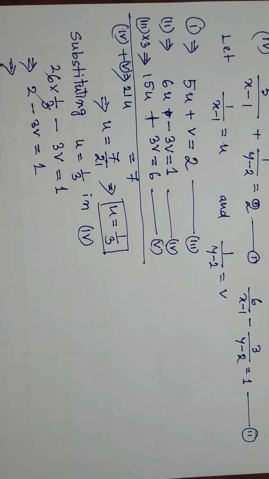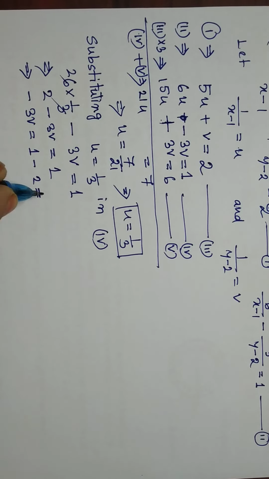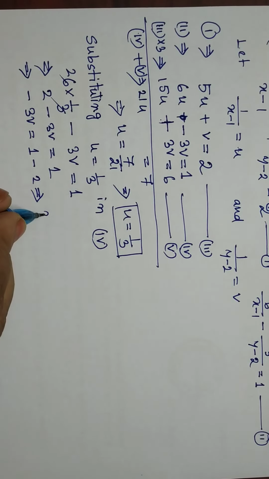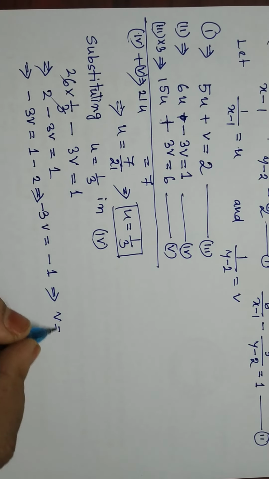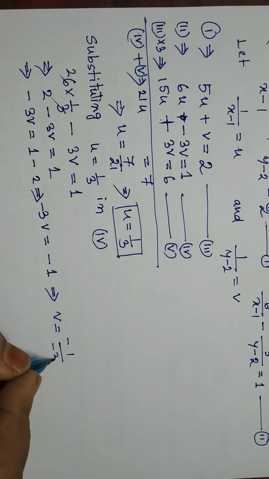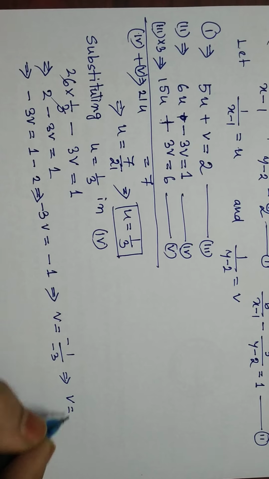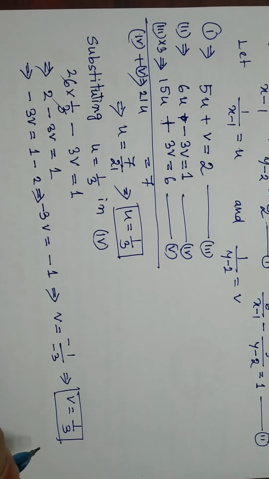And this we can write as minus 3v equal to 1 minus 2, which means minus 3v equal to minus 1. It means v equal to minus 1 by minus 3, v equal to 1 by 3. We get the values of u and v.